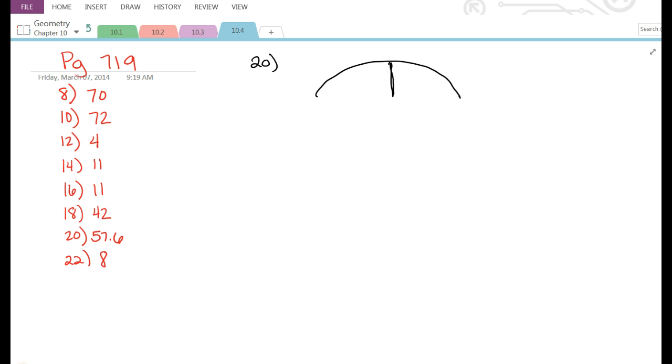Semicircle snowboarding ramp. Let me draw that a little better. Okay, this was A, B, D, C. Okay, ABC, the whole thing, is 32% of the circle.